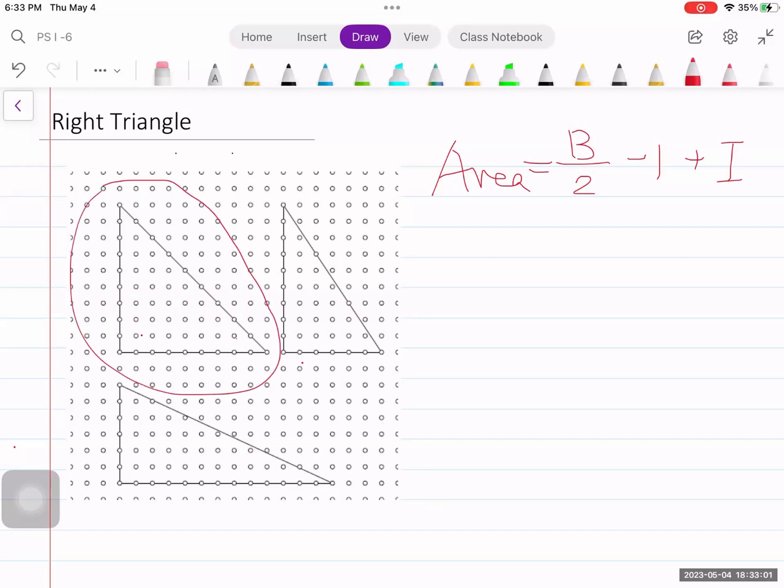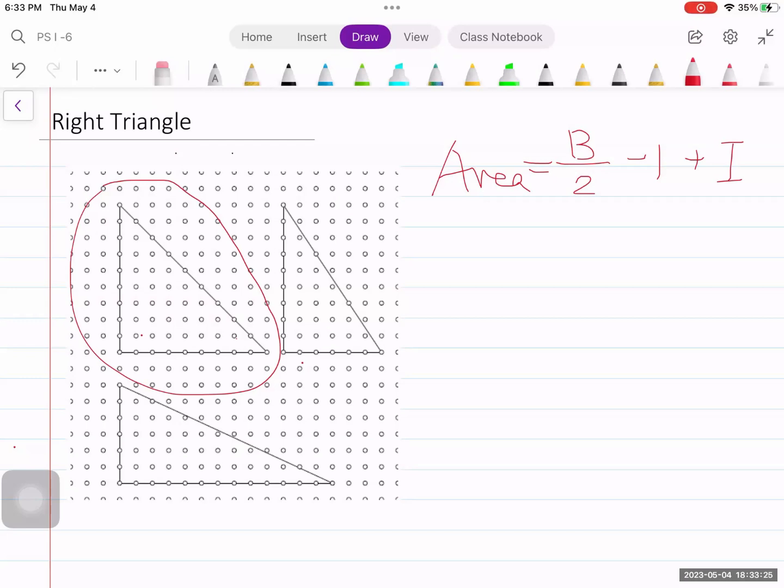First of all, what is the area? What do you think the area is for this? I'm counting the boundary. Yeah, we want to do it two ways. We want to calculate the area the old way to make sure the formula is correct. Then we will calculate the area based on the formula, right? And see if they match.